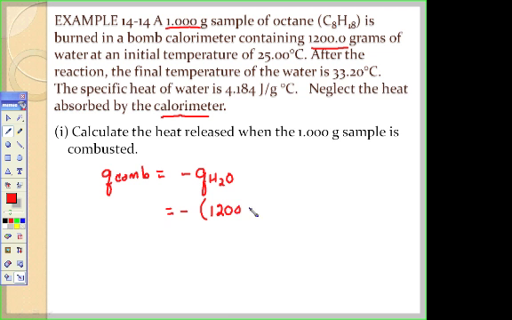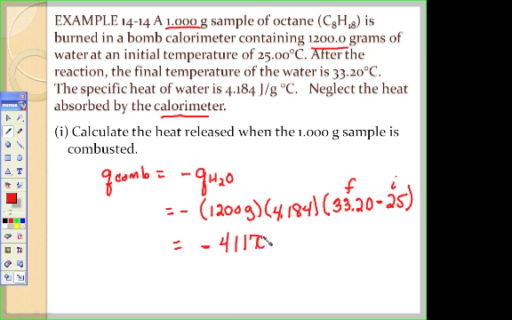So that's 1,200 grams of water. The heat capacity of water is 4.184. You should be very familiar with MCAT by now. 33.20 final minus initial. If you don't do final minus initial on MCAT, you're likely to get the wrong answer. So Q of combustion is minus 41170 joules. Now, that was joules for 1 gram that was combusted.